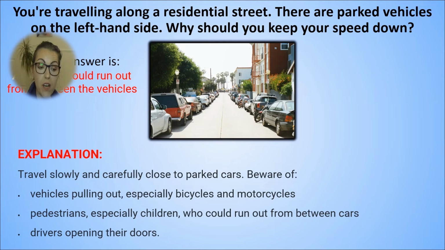Explanation. Travel slowly and carefully close to parked cars. Beware of vehicles pulling out, especially bikes and motorbikes, pedestrians, especially children who could run out from between cars, or drivers opening their doors.